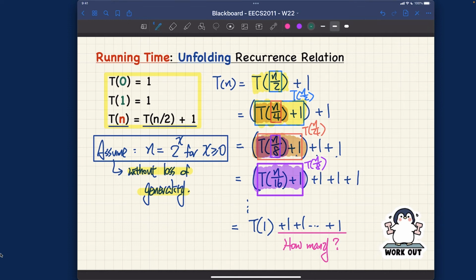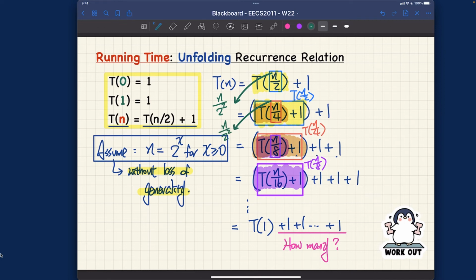Okay. First of all, for n over 2 over here, let's rewrite it as n over 2 to the power of 1. And for n over 4 over here, let's rewrite it as n over 2 to the power of 2.